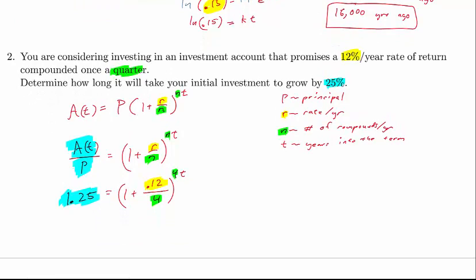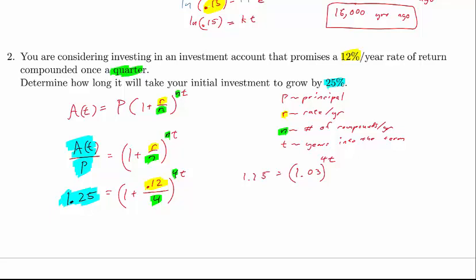Okay, so from here on out, we're going to just start simplifying. We've got 1.25 equals, and then over here 1.03 raised to the 4t. Now we want to deal with that exponent.